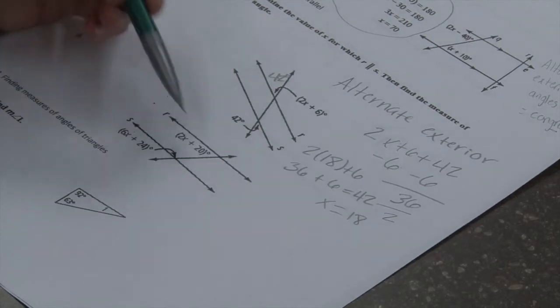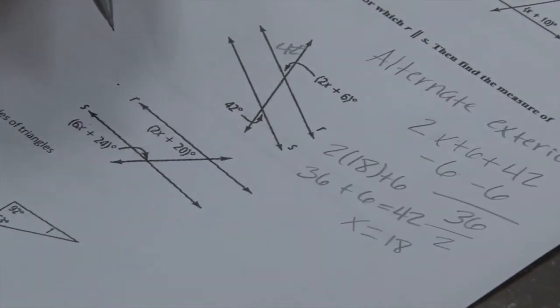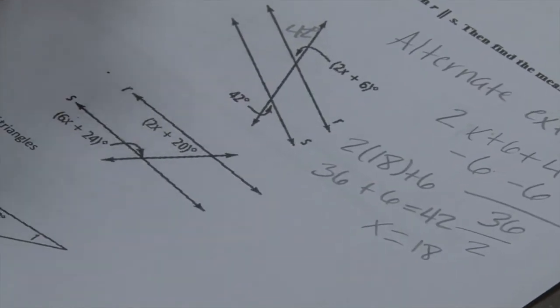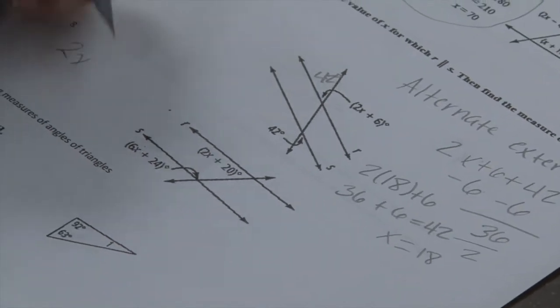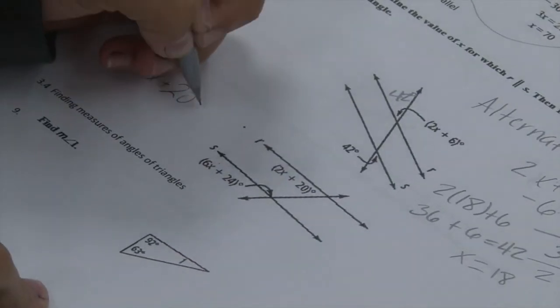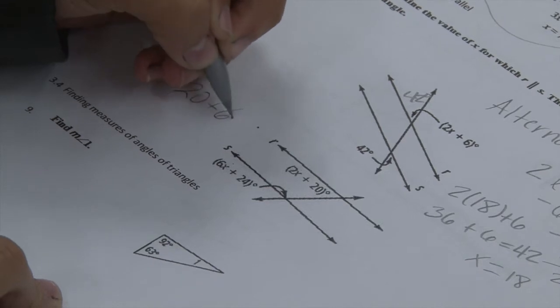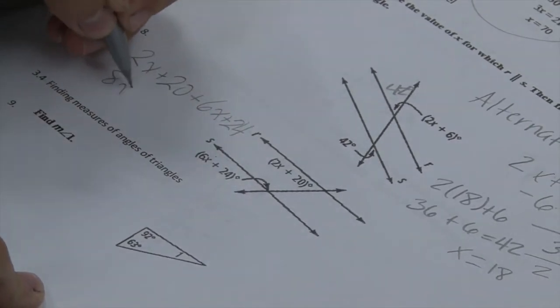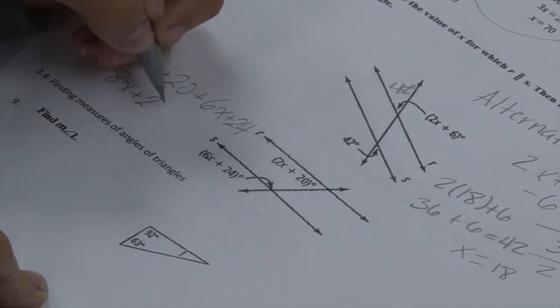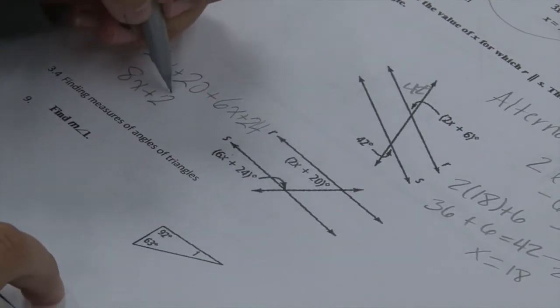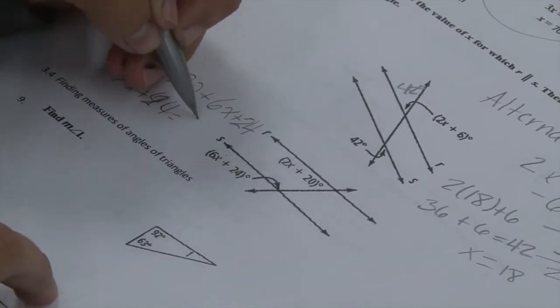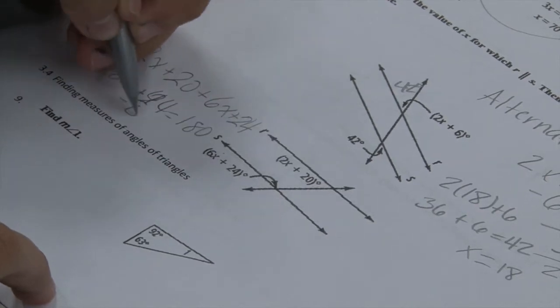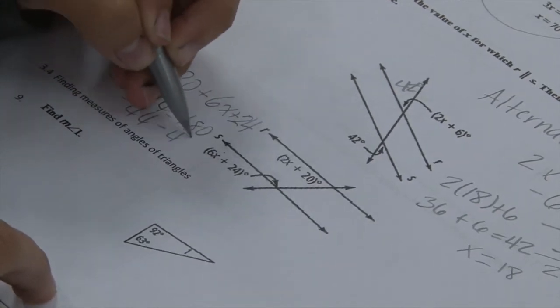The lines are same side interior. You would do 2x plus 20 plus 6x plus 24 equals 180. And then you would add the like terms, which is 8x plus 44 equals 180. And you would subtract 44 from both sides, and that would give you 136.